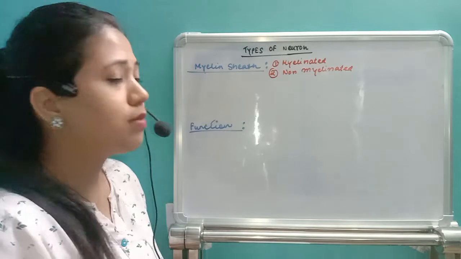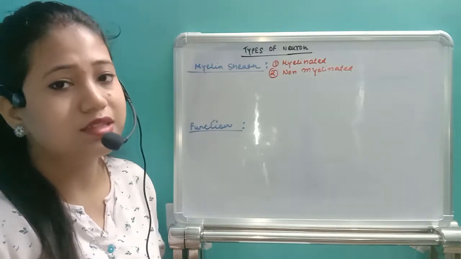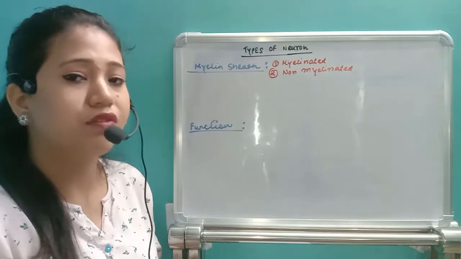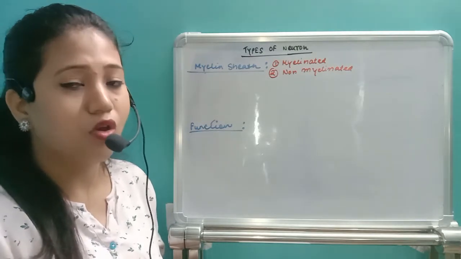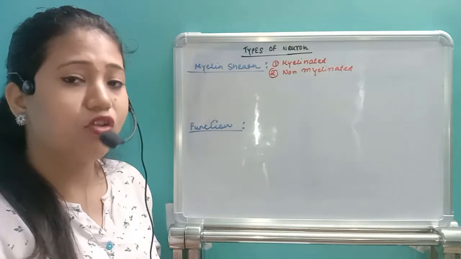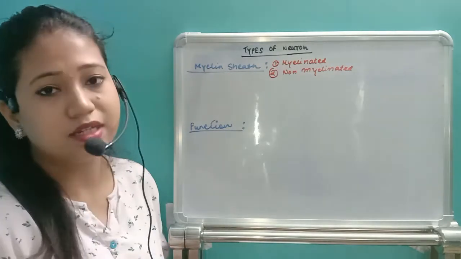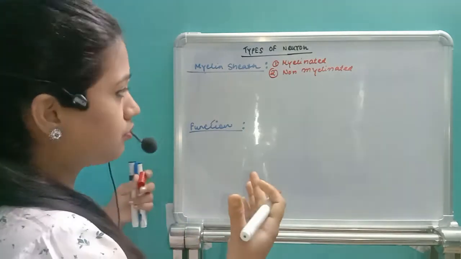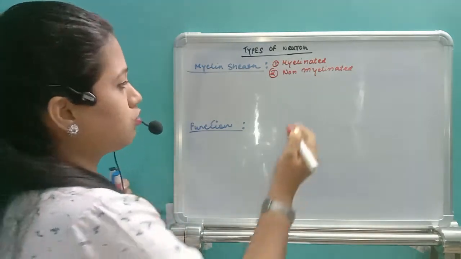But if it is a non-myelinated type of neuron, it may have Schwann cells, and these Schwann cells are invaginated by the axons, and that's why the Schwann cells cannot form the myelin sheath. So that's why it is called a non-myelinated nerve, formed by a non-myelinated neuron.